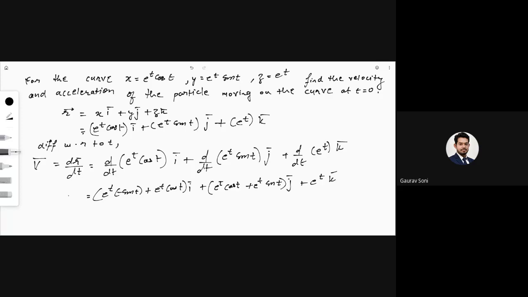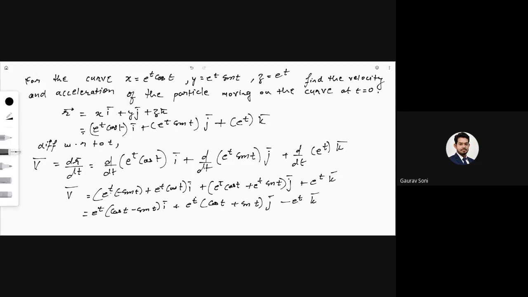This is the velocity vector, which can be simplified as e to the power t in bracket (cos t minus sin t) i plus e to the power t (cos t plus sin t) j plus e to the power t k.